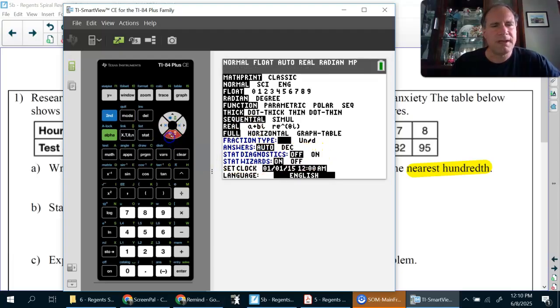Mine is off, and when you reset the calculator, it goes to off by default. So if you don't see the correlation coefficient, press mode, go down to stat diagnostics, move it to on, and then press enter. And then you could press down just to prove to yourself that you did turn it on.